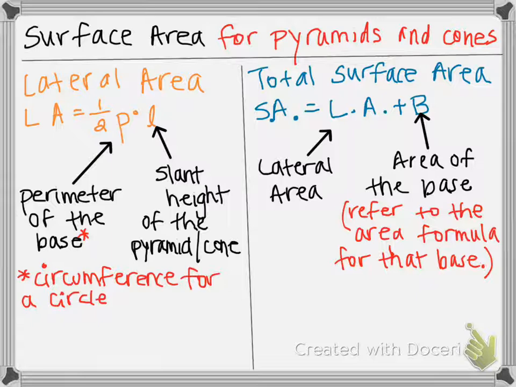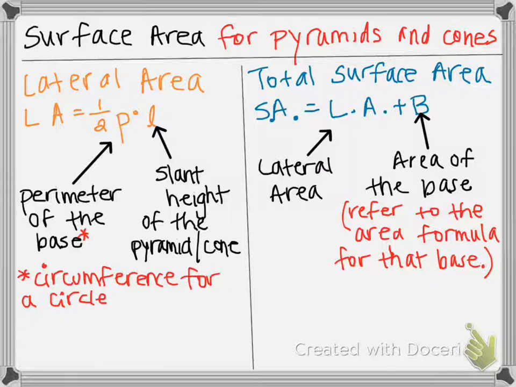That is LA equals 1/2 P times L. Like before, that P stands for perimeter of the base, which would be the same thing as circumference if you're talking about a cone, because the perimeter of a circle is its circumference. And L is that slant height that we talked about, whether it's a pyramid or a cone. So it's pretty simple, actually. It's just a matter of knowing what your perimeter is and your slant height.